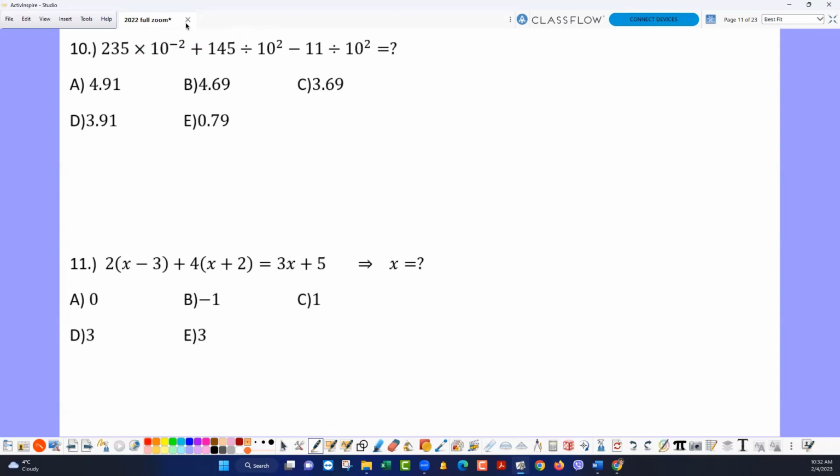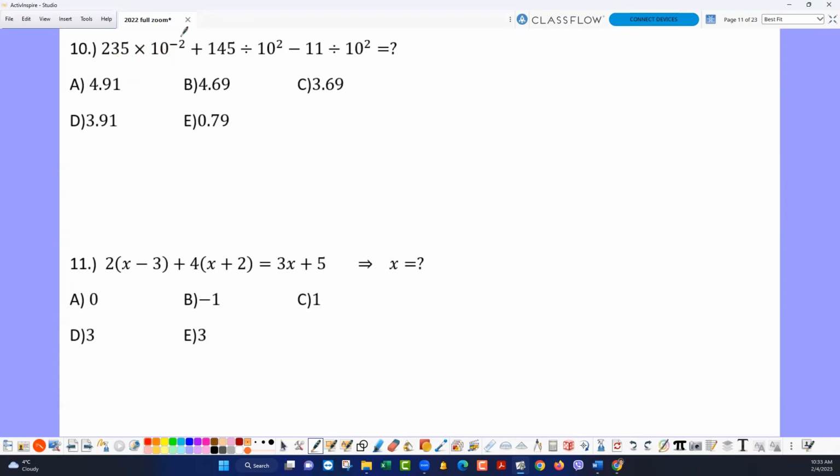If you multiply by negative powers of 10, you are adding a decimal point. If you divide by negative powers of 10, you are adding zeros. So when you multiply by a negative power of 10, you have to add a decimal point.